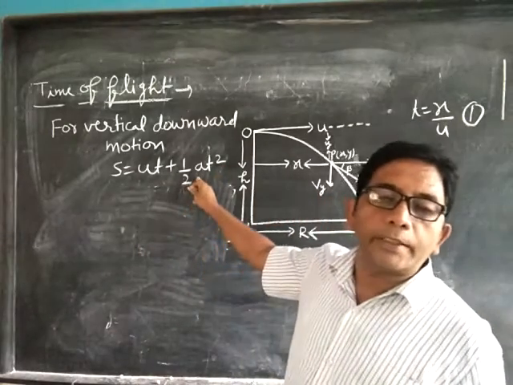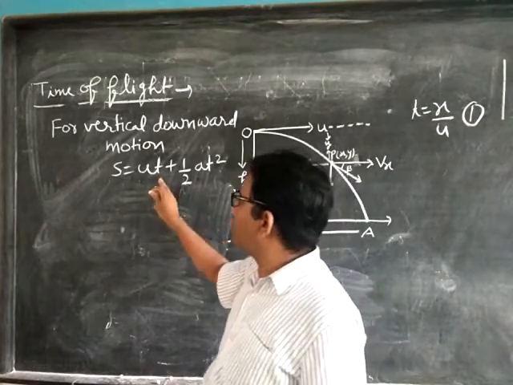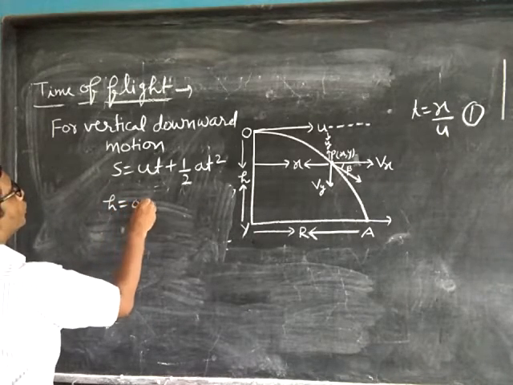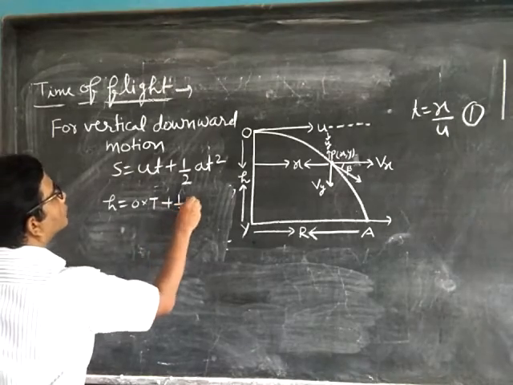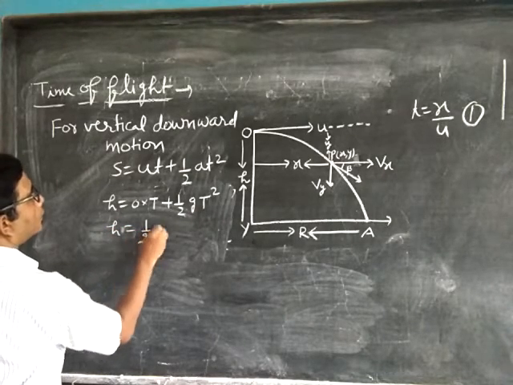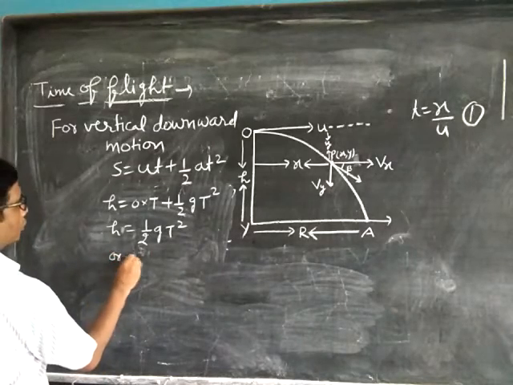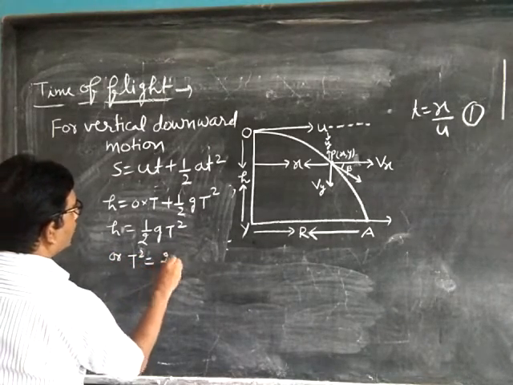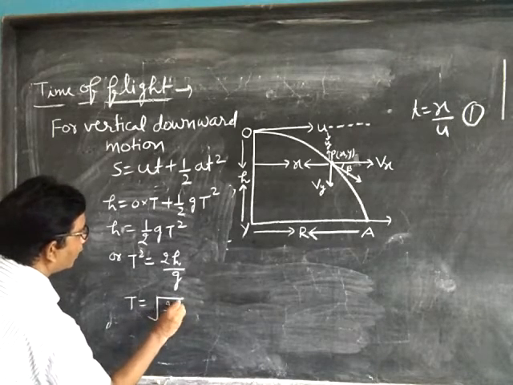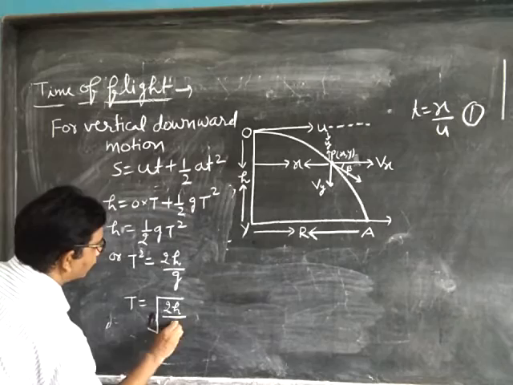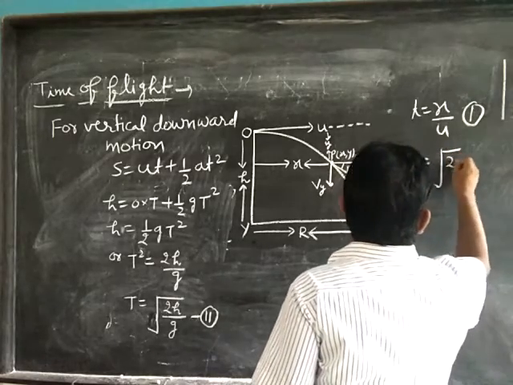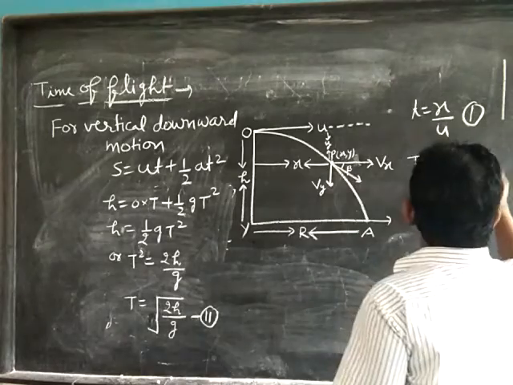Here we write g in place of a, time capital T, and distance s equal to h, that is h is equal to 0 into t plus half g t square, that is h is equal to half g t square, or t square is equal to 2h upon g, that is t is equal to under root 2h upon g. This is my second equation.